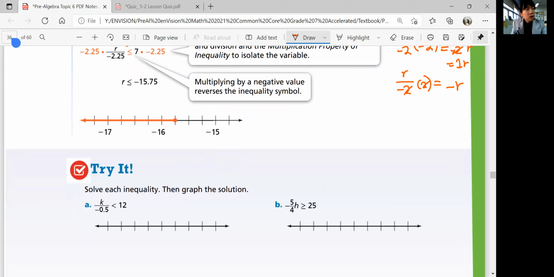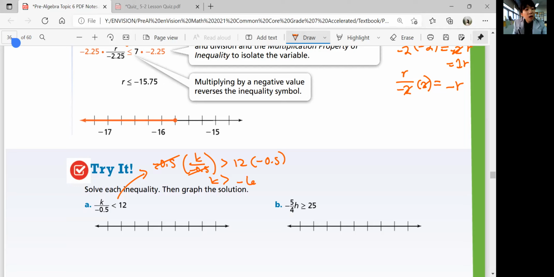All right. So k is divided by negative 0.5. So what do you do? You multiply by negative 0.5. And then you flip the sign. Okay, and that's canceled out. You have k is greater than negative 6.